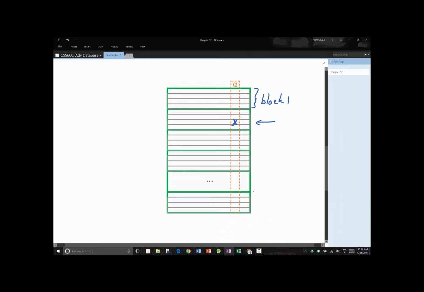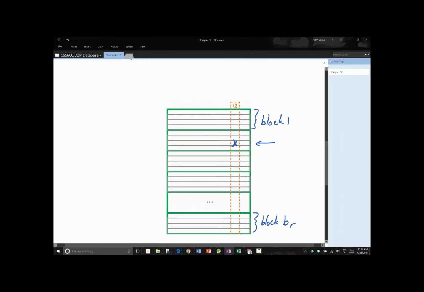And down here at the bottom, remember, this is block B sub r. So it could be in block 1. Let's look at block 1 up here. What if it were right here? Then if we start at the first block, block 1, we load that, we find the value for x, we can stop because we know that there's only one. So if we found it there, we're done.